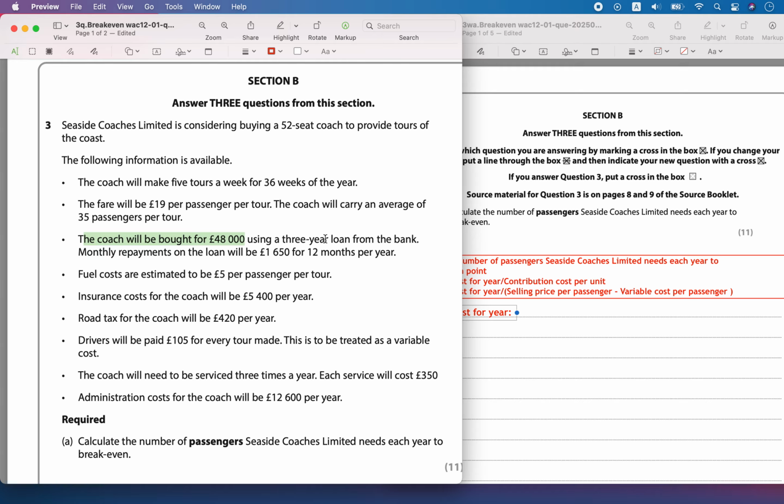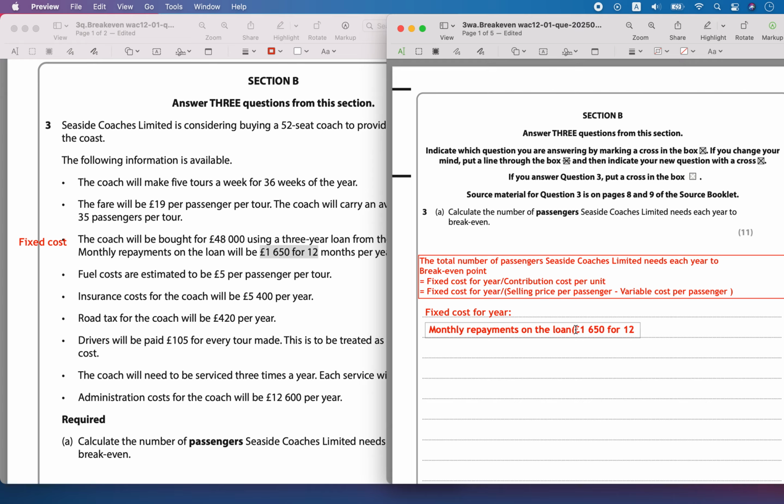The coach was bought for 48,000 using a bank loan, and there will be a monthly repayment on the loan. It will be 1,650 for 12 months. So this represents a fixed cost because it's not dependent on the number of passengers being carried.